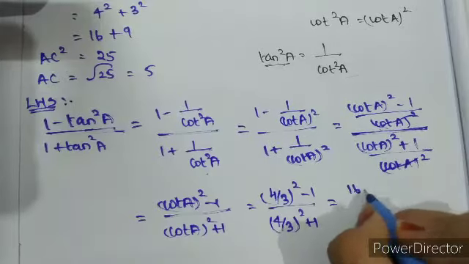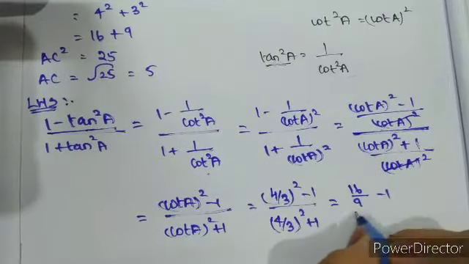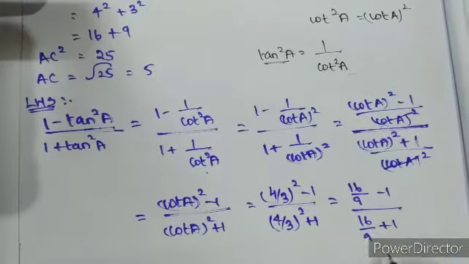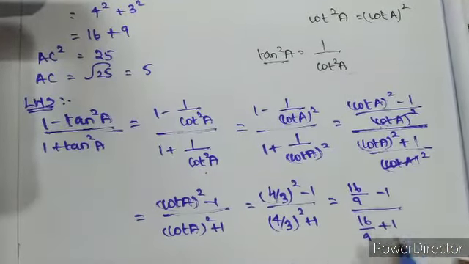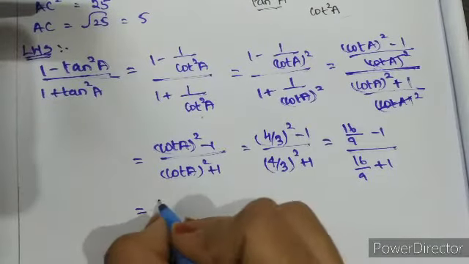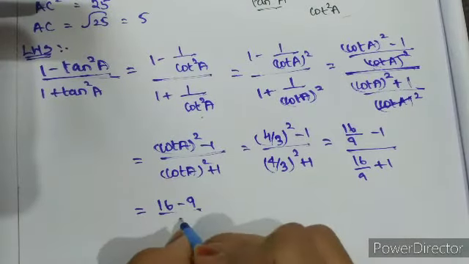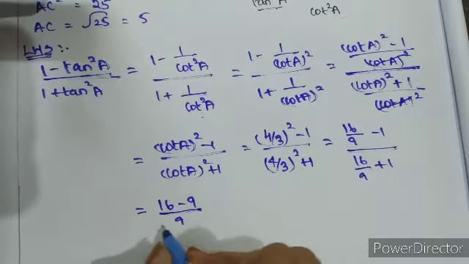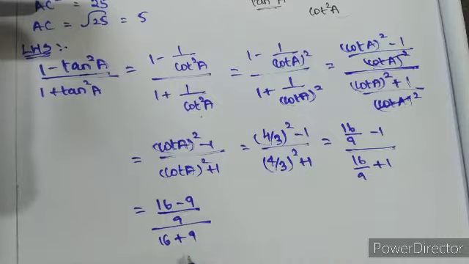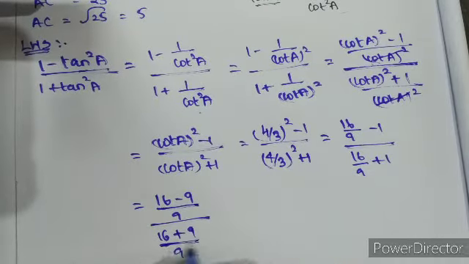So we get 16 by 9 minus 1 by 16 by 9 plus 1. Now again take the LCM. So when we take the LCM we get 16 minus 9 by 9 divided by 16 plus 9 by 9.